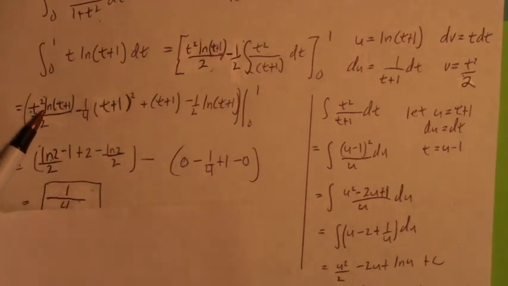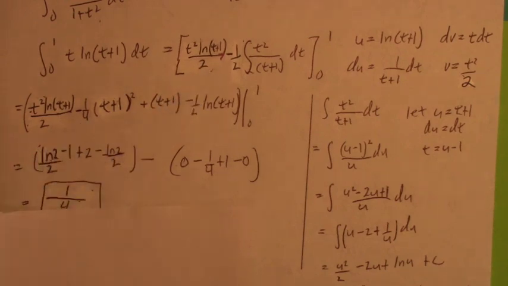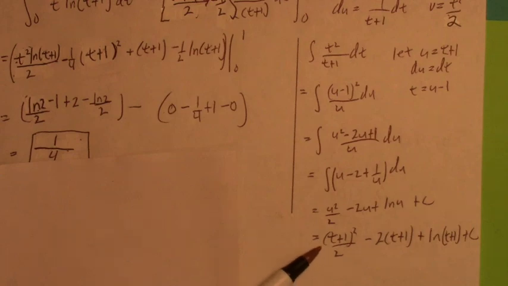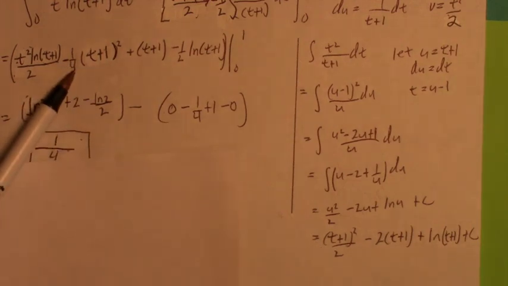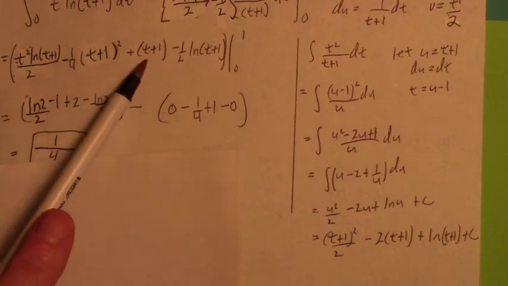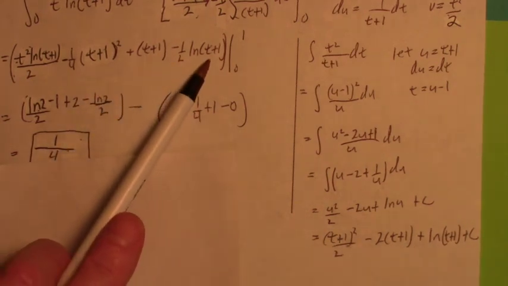I already said it was t squared ln of t plus 1 over 2 minus, now when you distribute the 1/2, look what happens here. When you multiply this by negative 1/2, that just becomes minus 1/4. When you multiply this by negative 1/2, it cancels with the negative 2, so you just get plus t plus 1. When you multiply this one by negative 1/2, you get minus 1/2 ln of t plus 1.